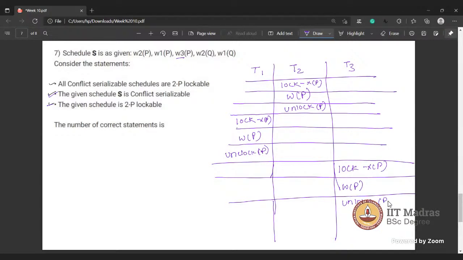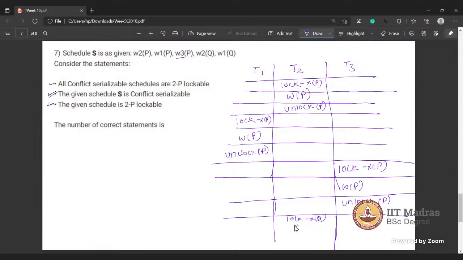It's not mandatory, but it's better to unlock P. Then W2Q, so you have to apply an exclusive lock, XQ.